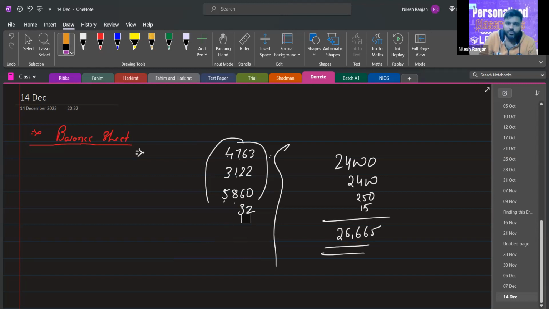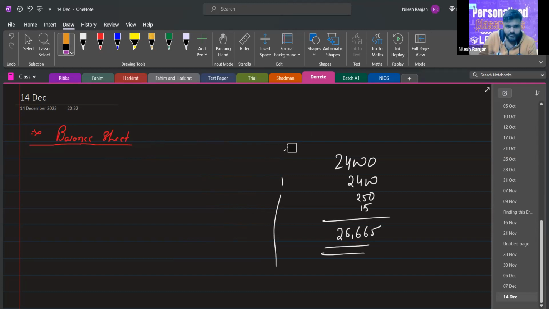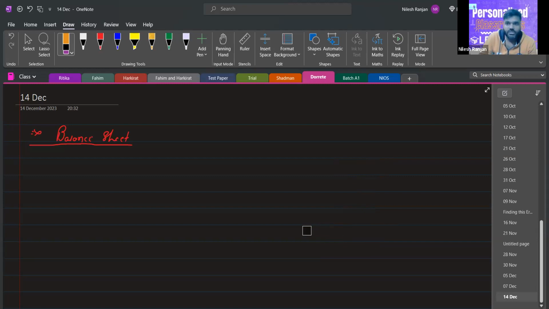You have to write these items in a manner so that it will be easy for you to calculate. Okay, sir. So either you can do this like I have done here, or you can write items in a single line so that it will be easy for you to add.